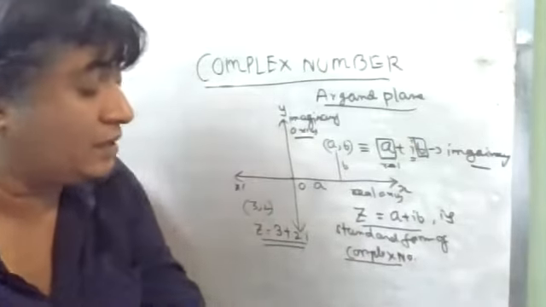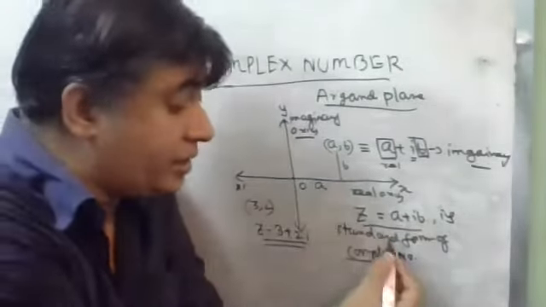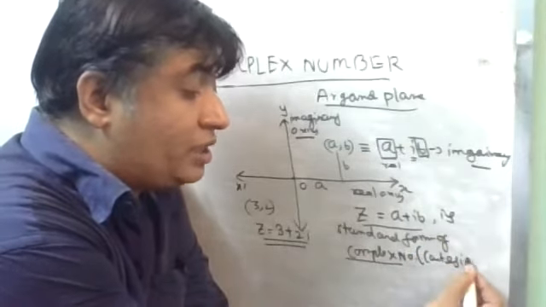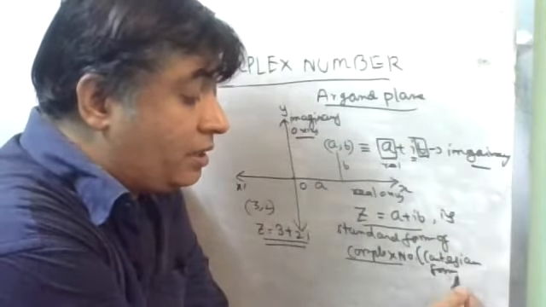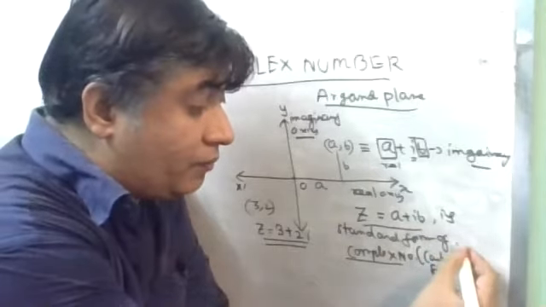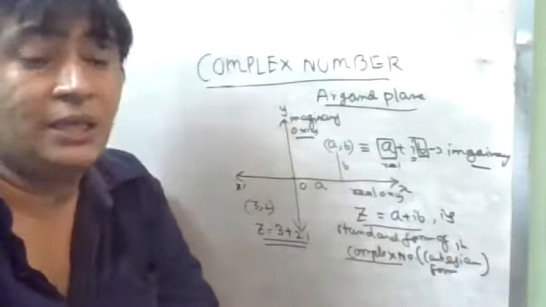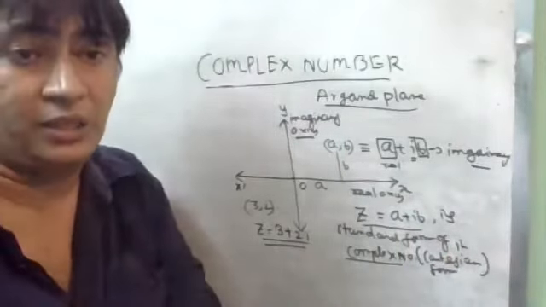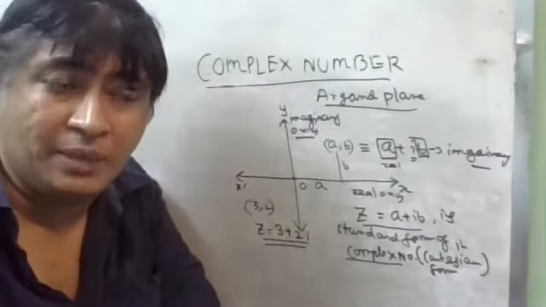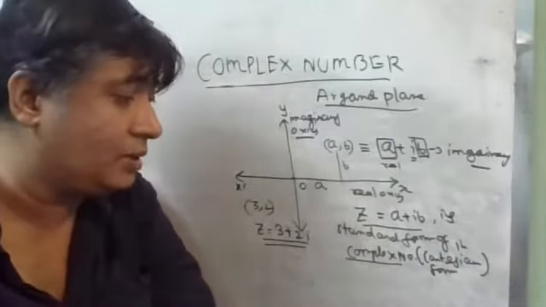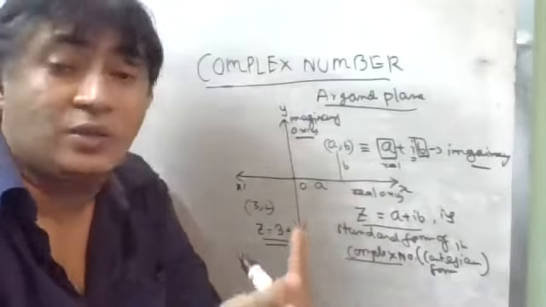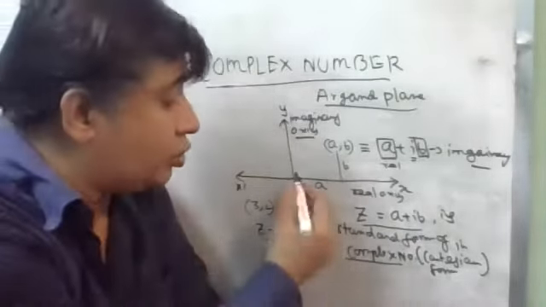This is called the Cartesian standard form or Cartesian form of a complex number. Cartesian means in terms of x and y. There are other forms of complex number, like polar form and Euler form, but this is the basic Cartesian form, as we got in coordinate geometry also.